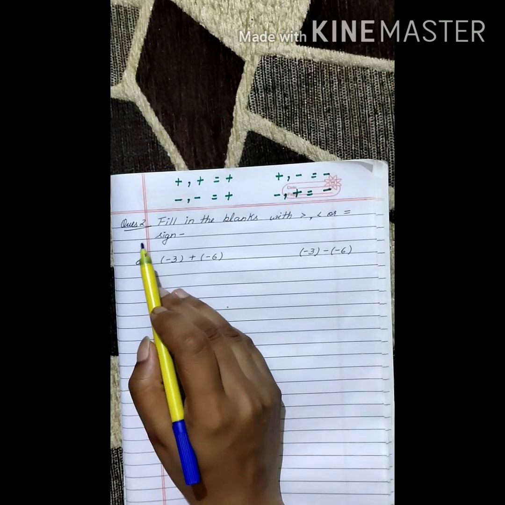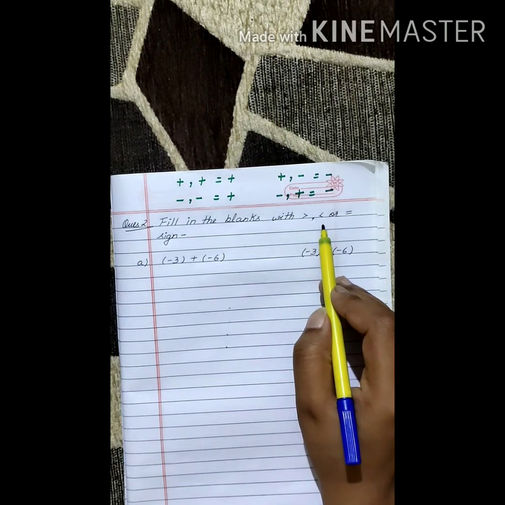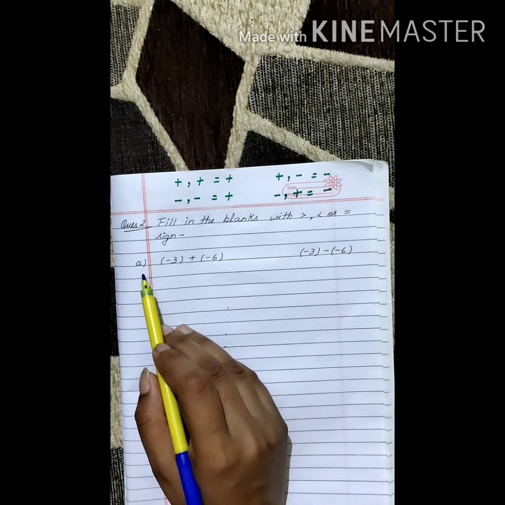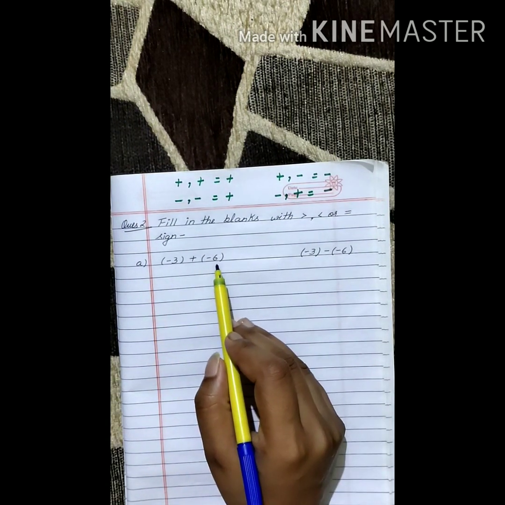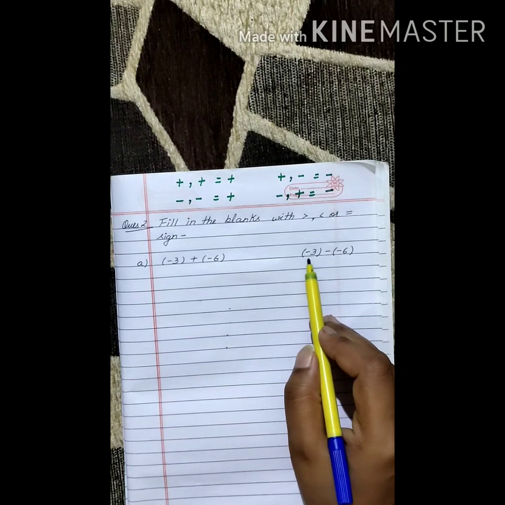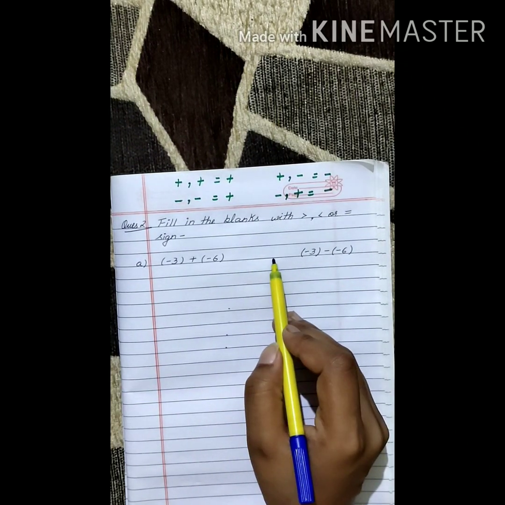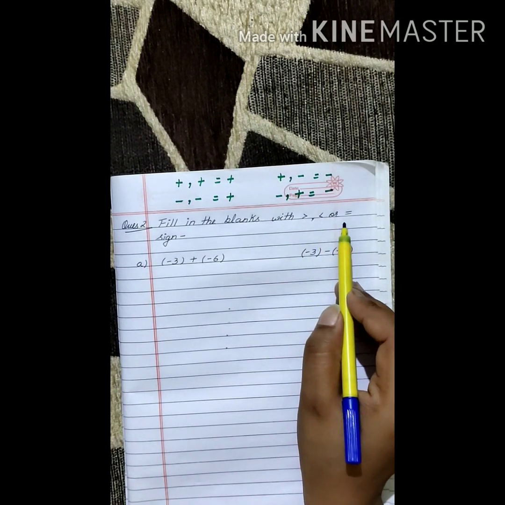Now let's understand question 2. Fill in the blanks with greater sign, smaller sign or equals to sign. Here we have given first part minus 3 plus minus 6 dash minus 3 minus minus 6. We have to fill this dash with these signs, either this or this.